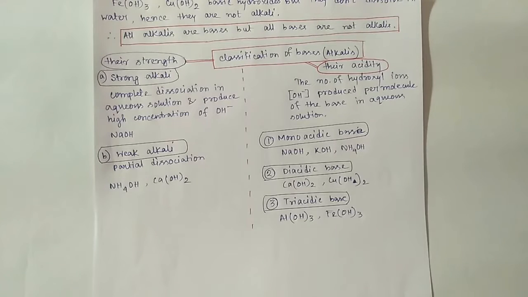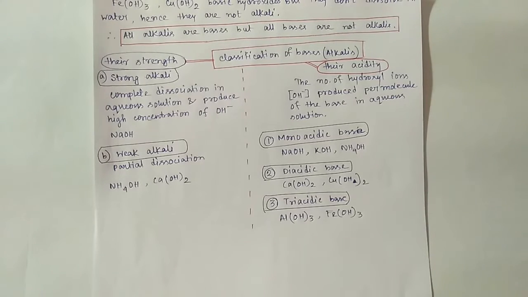You have to remember what a soluble basic oxide and a soluble basic hydroxide are. For example, ferric hydroxide, Fe(OH)3, and cupric hydroxide, Cu(OH)2, are bases, but they are insoluble in water.